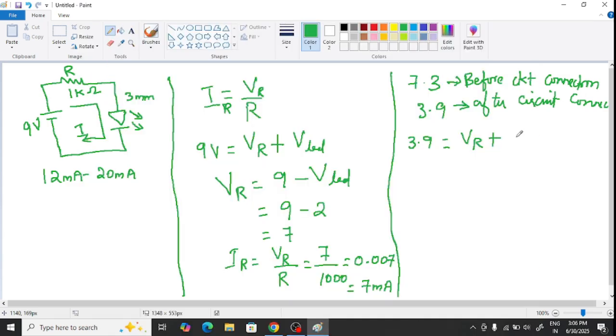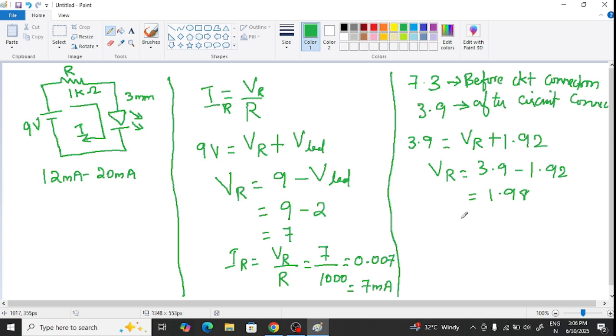The voltage drop across LED is 1.92 volt. So from this, VR is equal to 3.9 minus 1.92. So what is the value? It is 1.98.